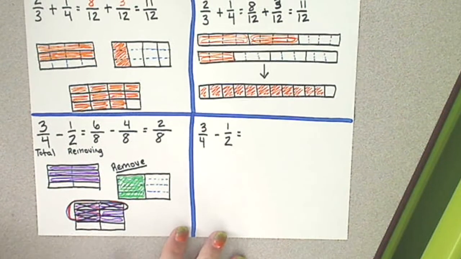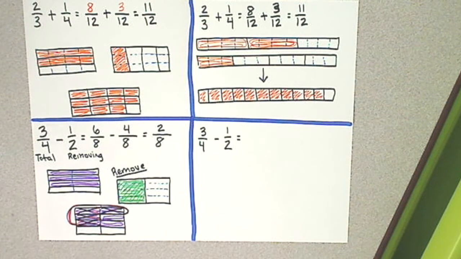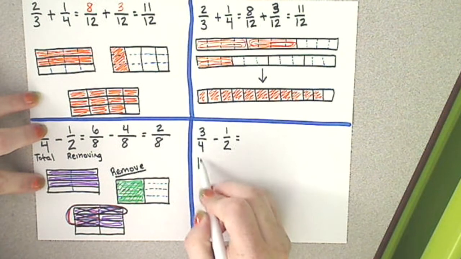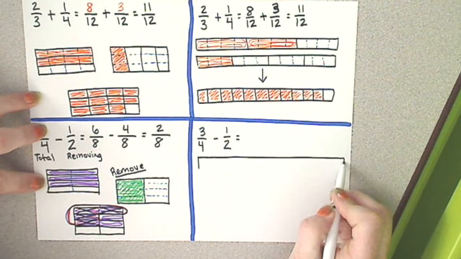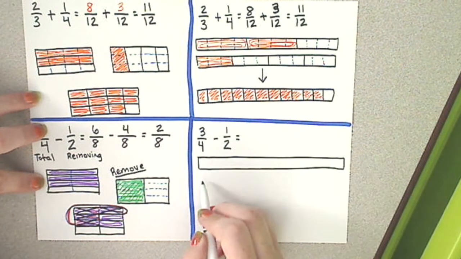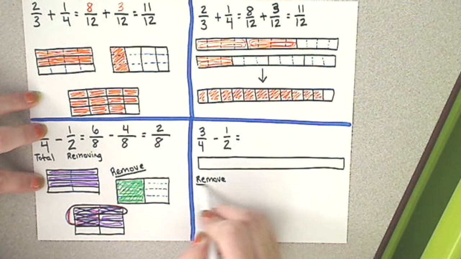Okay, now let's take a look at our other version of a strip diagram. Please forgive the bell. All right. I need my total and what I plan to remove.